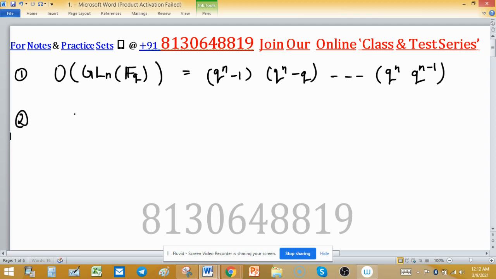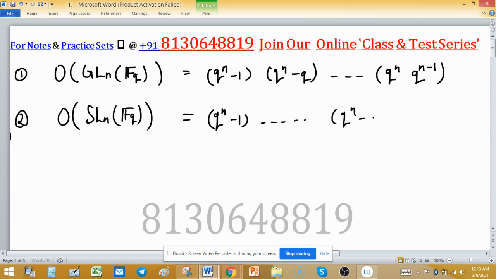Second is the order of SL(n), with elements coming from F_q, which is equal to (q^n - 1)(q^n - q) and so on up to (q^n - q^(n-1)) divided by (q - 1).